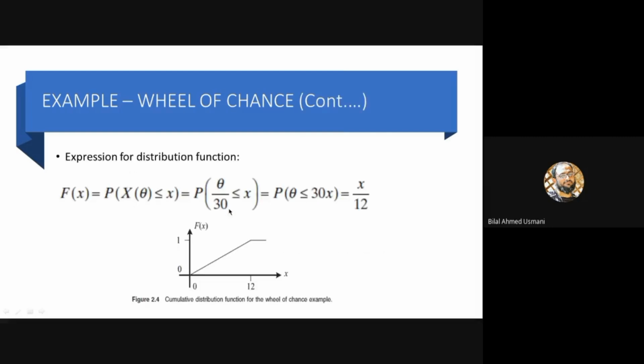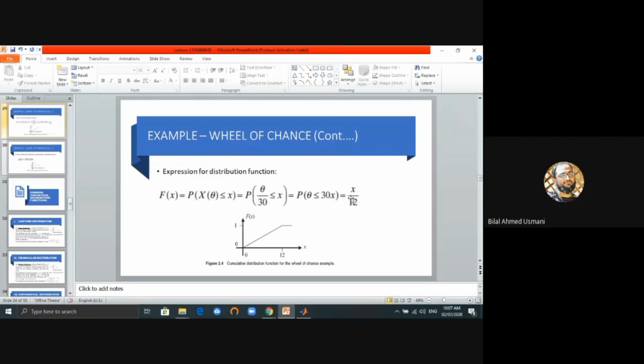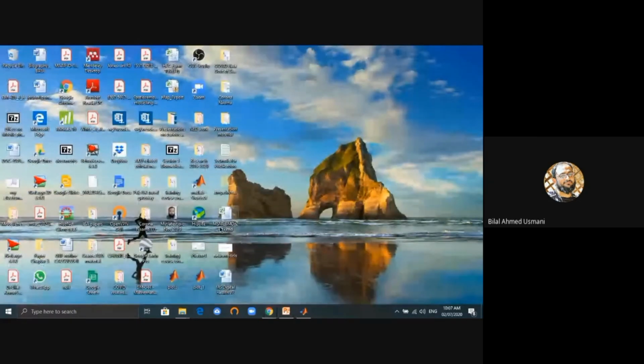So what is the PDF expression? You can see that it keeps on increasing because we are summing it. For one, I can solve it really quickly in Excel.